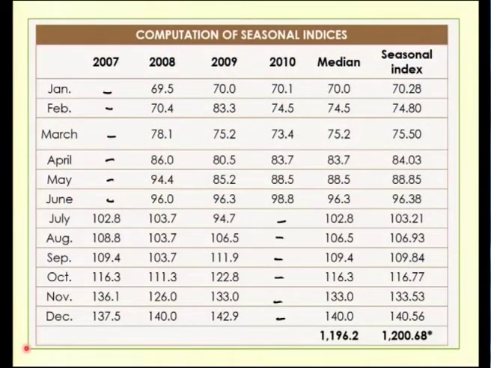So, 70.28 is obtained as the adjusted seasonal value. Next, 74.5 is adjusted with 1.003 as 74.8, and similarly 75.2 is adjusted with 1.003, that is 75.5.